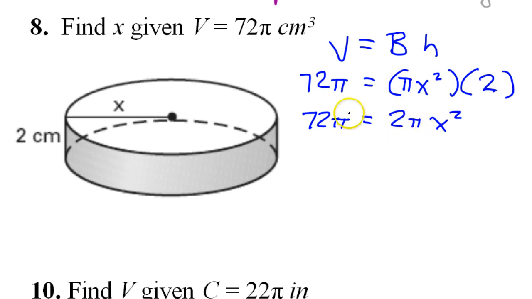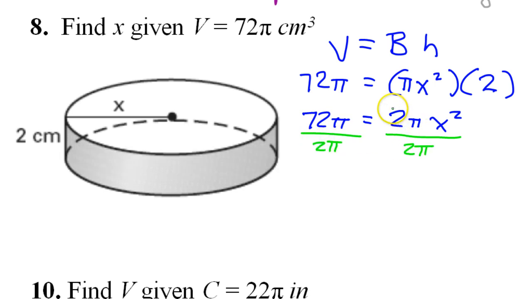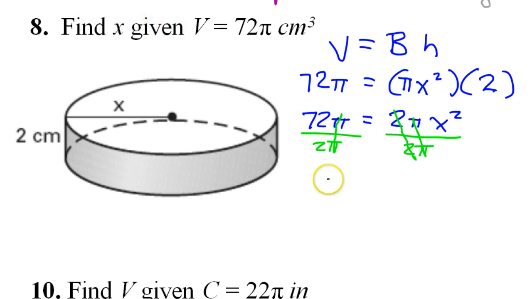That will make it easier because I'm trying to get the x squared by itself right now, and I can get that if I divide both sides by 2 pi. Okay, so that way the 2 pi is going to cancel out. Now on the left hand side, the pi's will also cancel out, so no more pi. 72 divided by 2 is 36. So I will have 36 is equal to x squared.